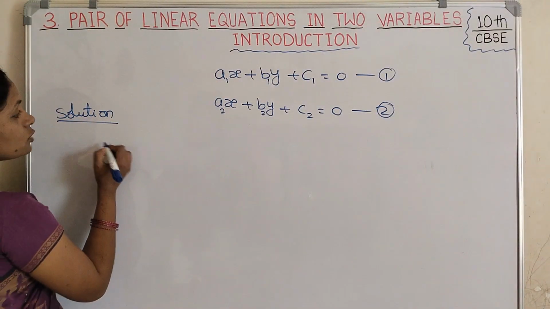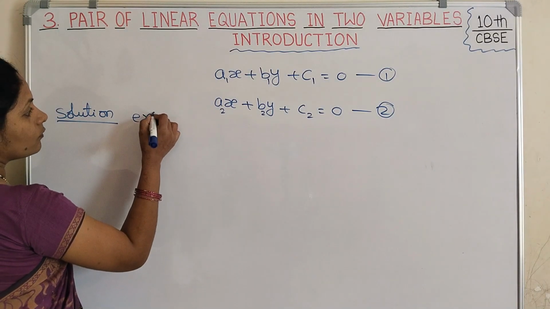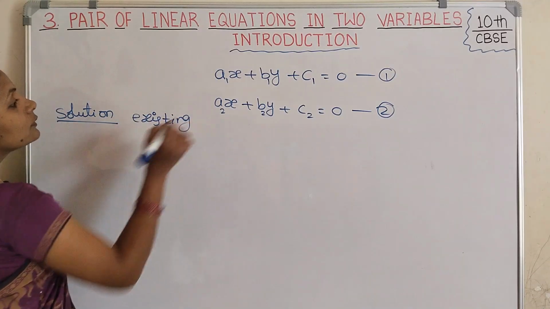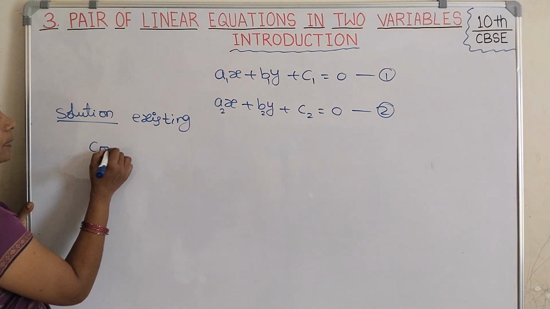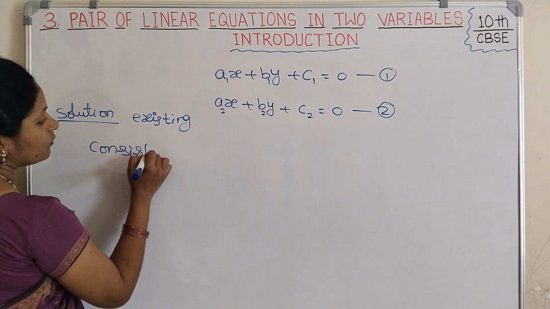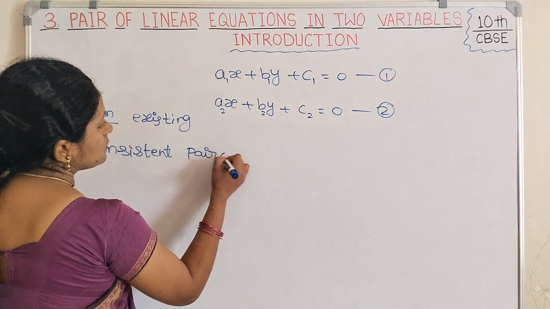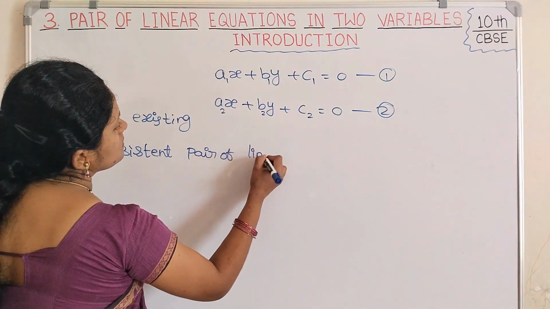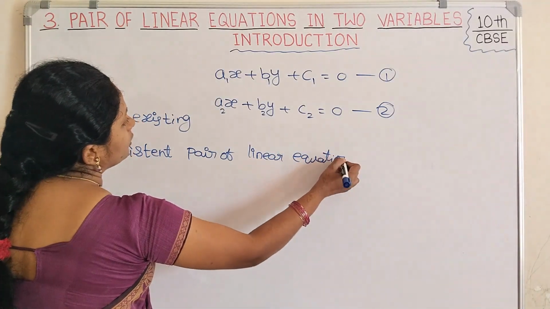So, if a solution exists, that type of equations are called a consistent pair of linear equations. I will repeat it one more time.